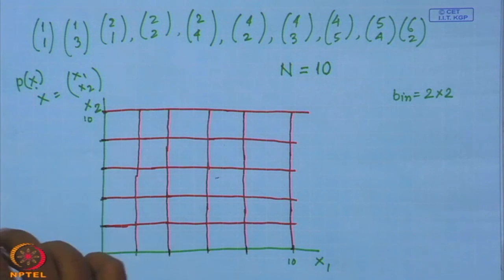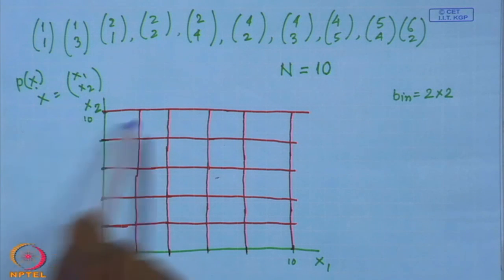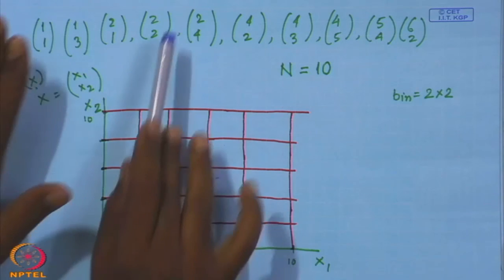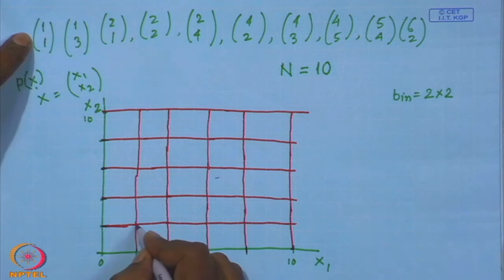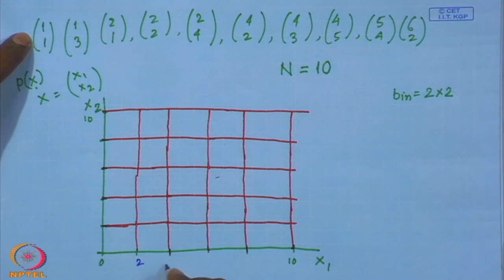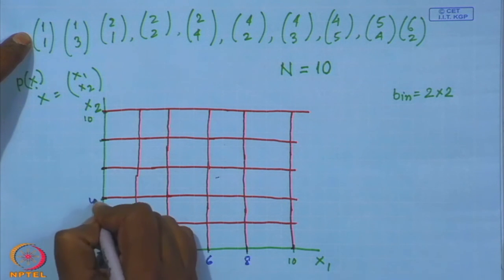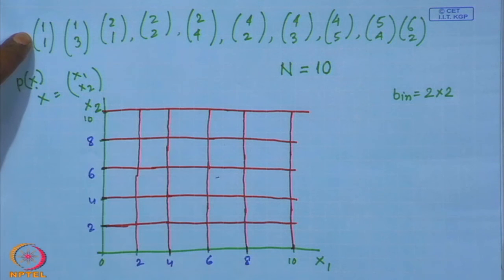Now, let us see which sample is falling in which bin. Because each bin is of size 2, the axis marks are 2, 4, 6, 8 and 10.